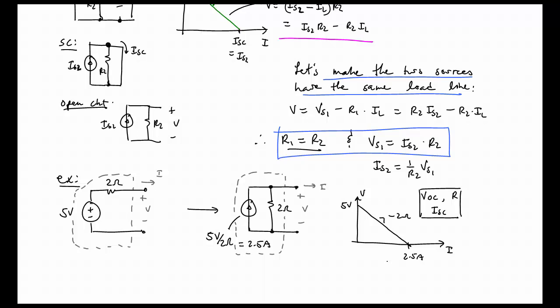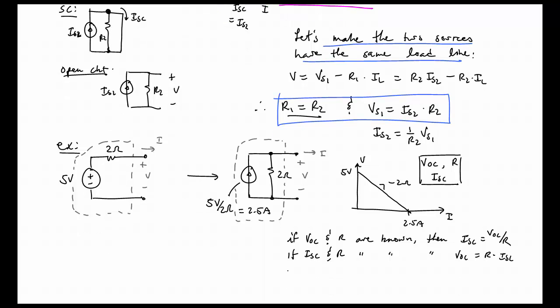Okay, but actually only 2 of these are independent. In other words, if the open circuit voltage and the resistance are specified or are known, then the short circuit current is just VOC over R. And if the short circuit current and R are known, then V open circuit is just R times ISC.